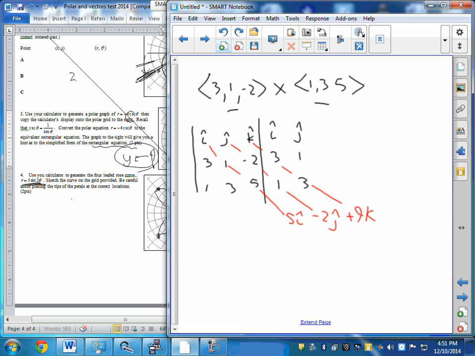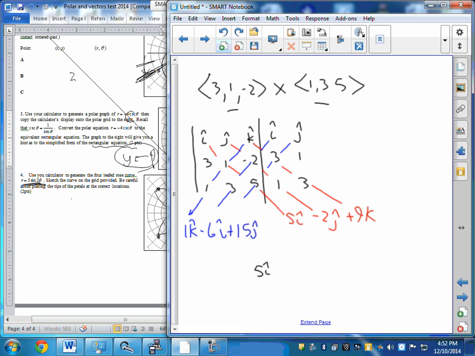And then on the other diagonal, these are the ones that are going to be subtracted. So we have 1k, and this is minus 6i, and then plus 15j. Again, we did this one on the review, so you can just refer back to that if you want.